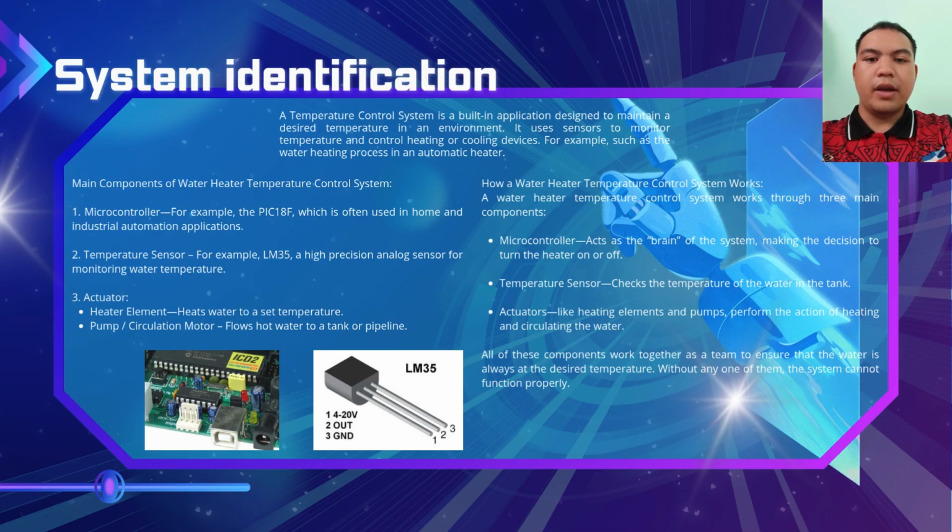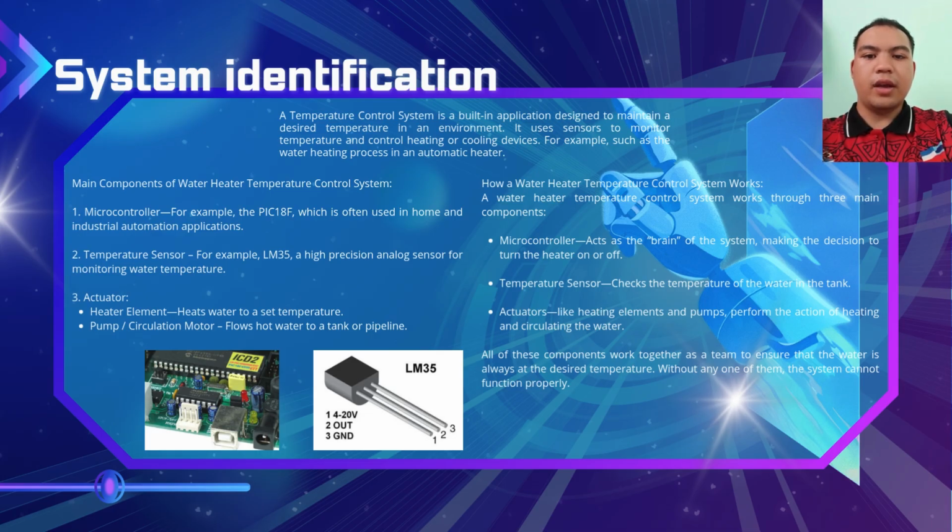So the main components of our water heater are, first, the microcontroller. This acts as the brain of the system, making the decision to turn the heater on or off.